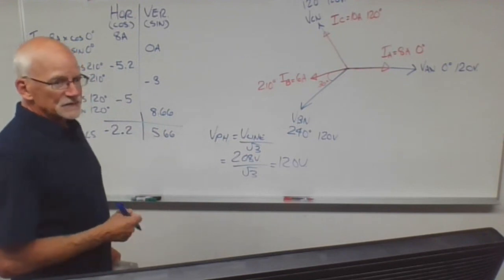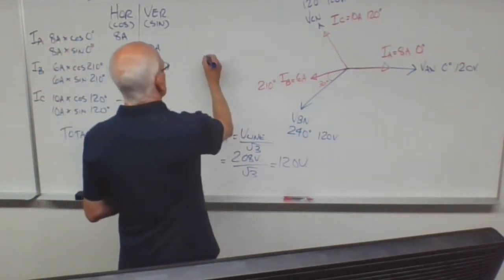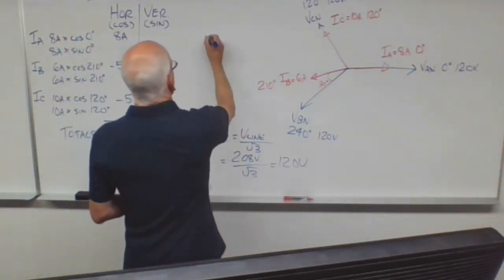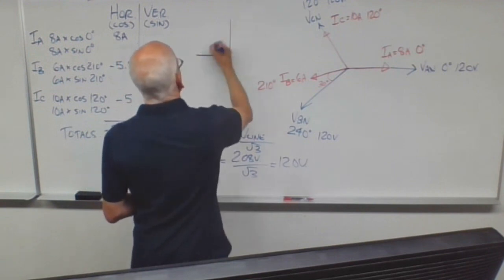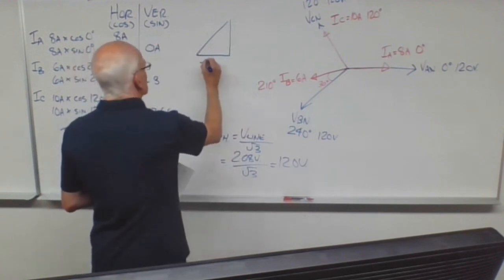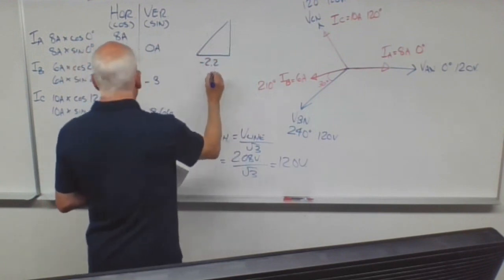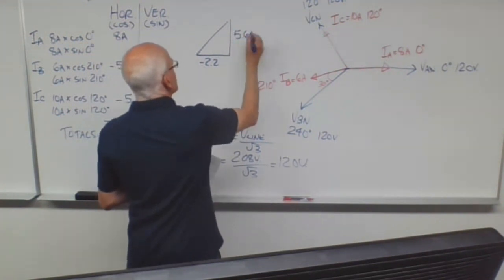The last step to find that neutral current is I take my horizontal and vertical values and construct a right angle triangle. The total horizontal value is minus 2.2. The total vertical value is 5.66.